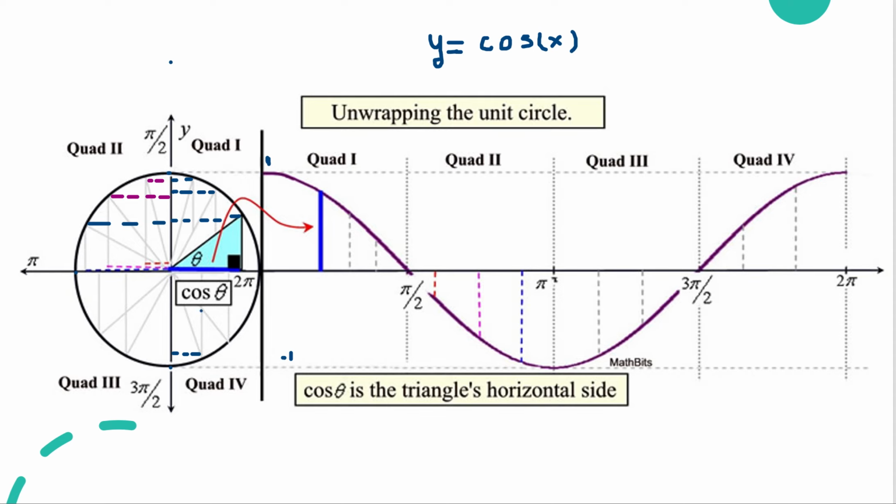And all the distances, the longest distance, for example this distance here, is projected from 0 to 1, and here from 0 to 1, and this is the amplitude, from 0 to 1. And this is one period of the trigonometric function y is equal to cosine x, and this cycle continues throughout x in the direction of the positive x-axis and negative x-axis, and signifies the function y is equal to cosine x or cosine theta.